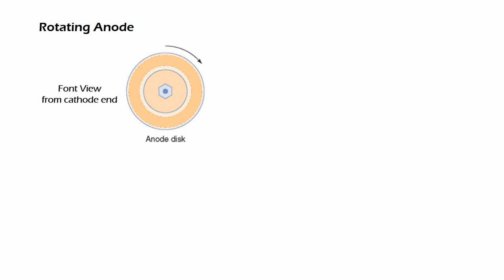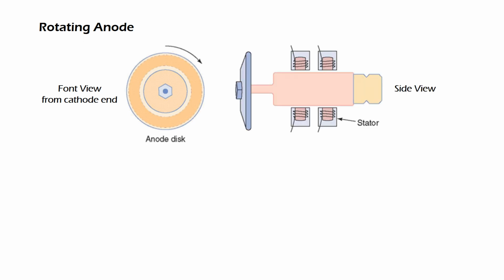The anode disc is mounted on a rotor assembly supported by bearings in the X-ray tube insert. The illustration on the top right shows the side view of the anode disc mounted on a rotor assembly and the stator assembly mounted outside the X-ray tube insert.